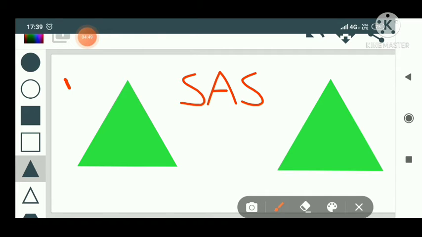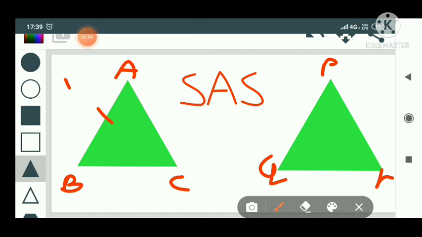I'm marking the first triangle as ABC and the second as PQR. AB is one side, BC is one side, and PQ one side, QR one side. You see that I drew single lines.